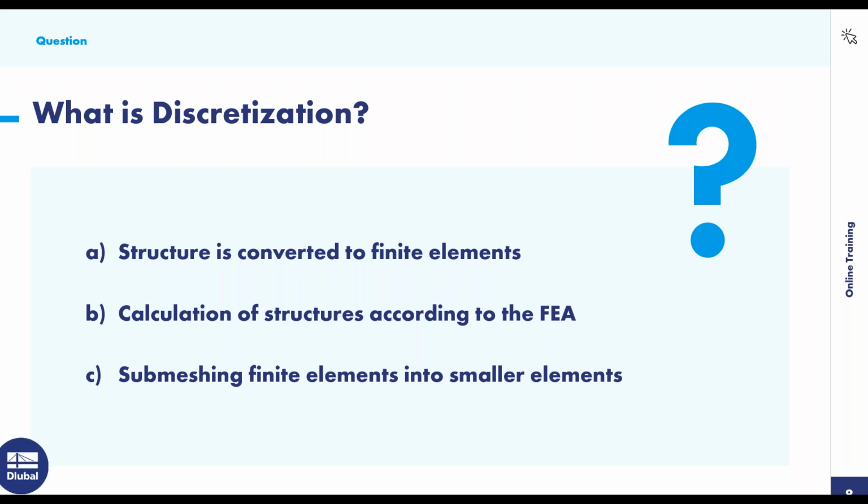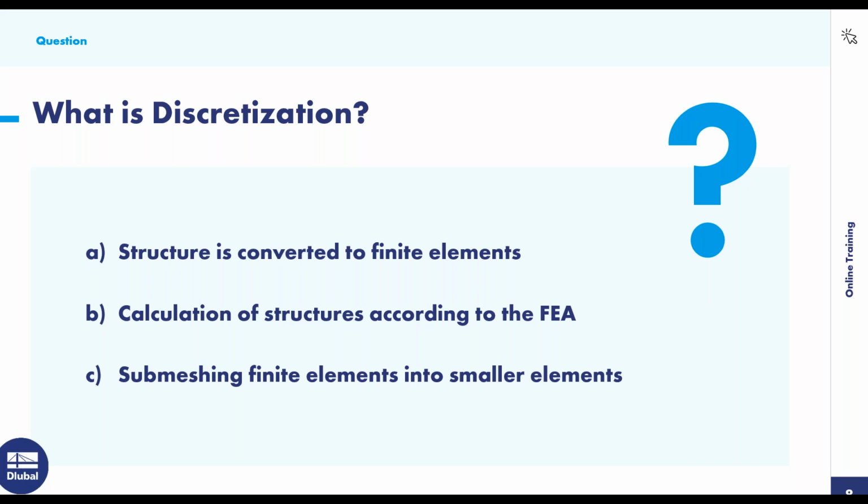And the correct answer, like I said, is a structure being converted into finite elements. This is discretization, so that is the correct answer. Submeshing finite elements into smaller elements is not correct, and calculation of structures according to the FEA is not exactly correct either. So A is the correct answer.